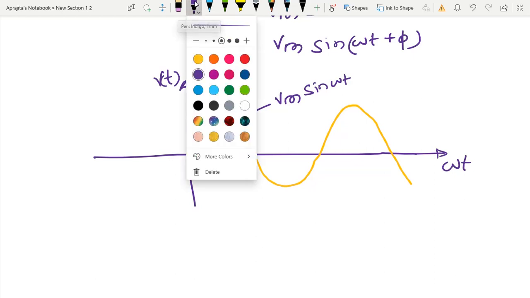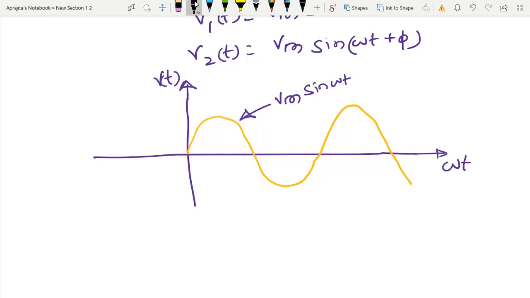Now I am going to plot Vm sin omega t plus phi with a different color.